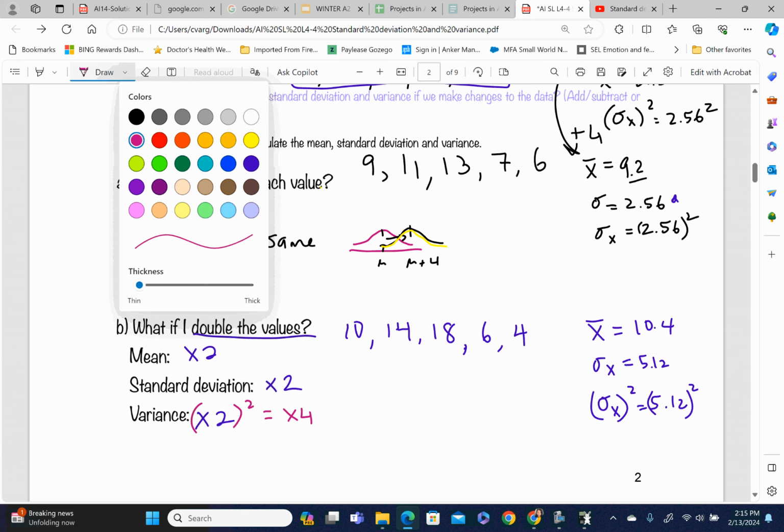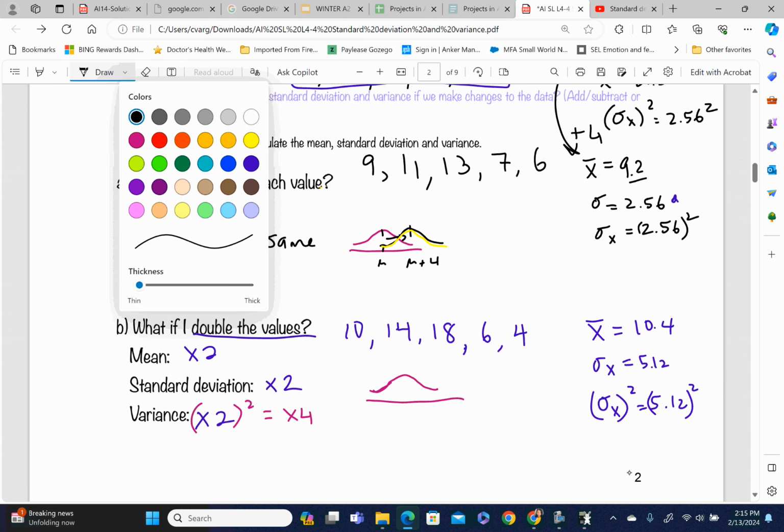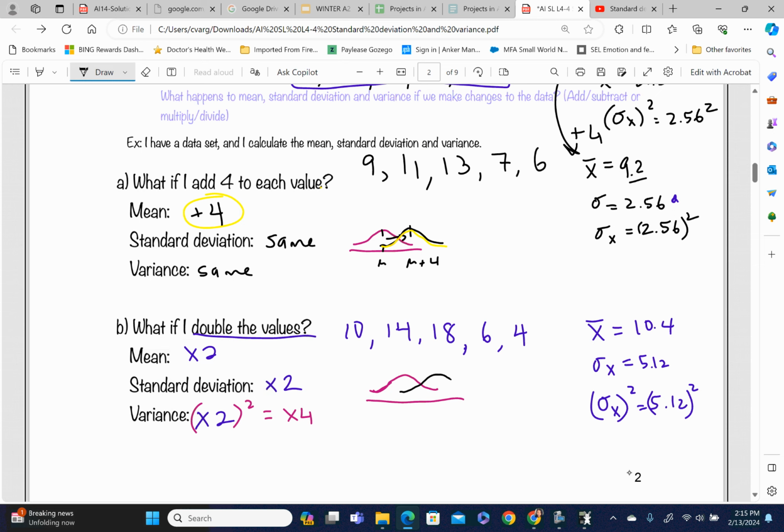Whereas if I double, let's go back and put our original. So here's our data. If we have our original set of numbers here, it falls on the normal curve. And if I multiply the values by 2, what's happening here? Let me see if I could draw this in a different color. Multiplying by 2 means I'm taking that graph and stretching it out. So it's going to look something like this. Each of the values is going to get doubled. If I were to draw it even a little bit more dramatic, it's going to get spread out.